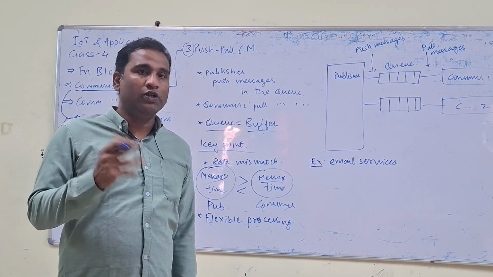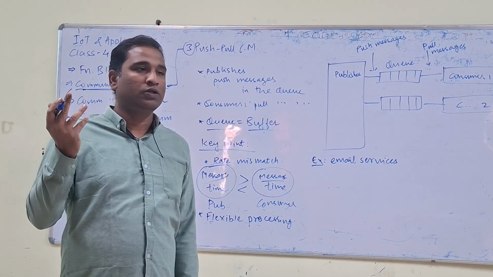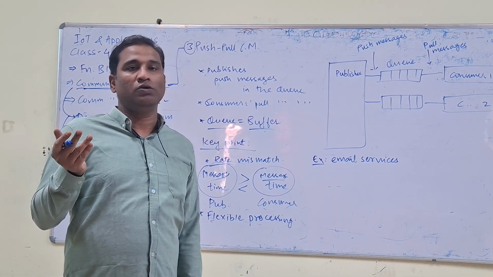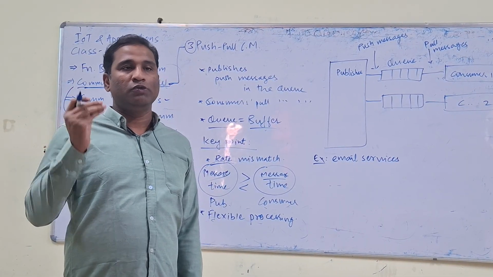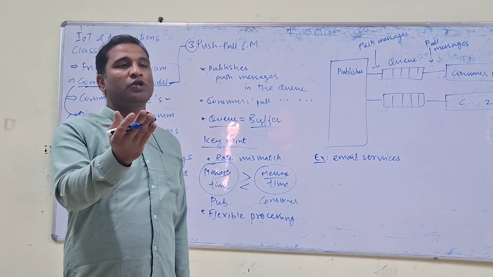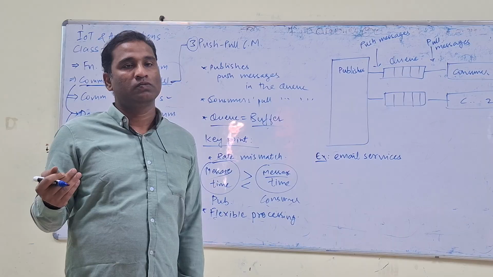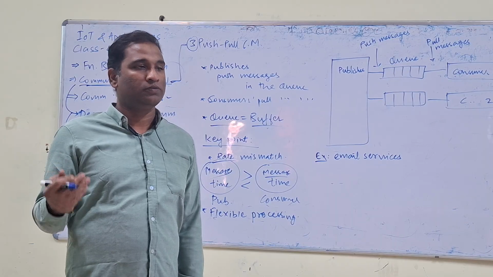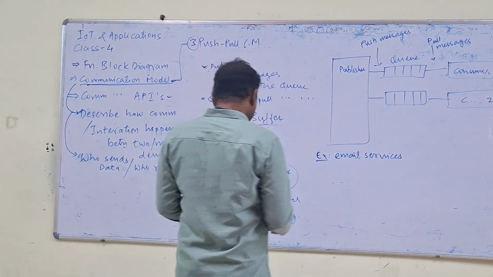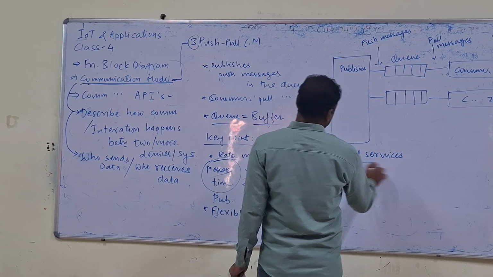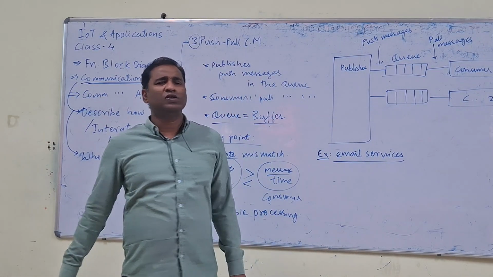Whatever email I have sent, will it vanish? Will I lose it? No, it will be in the queue. The moment the Geo person goes into a good network area, they will immediately receive the email. Is it clear? Right. Email or an IoT device, you can give some example, no problem.